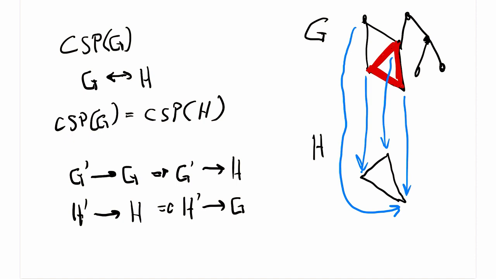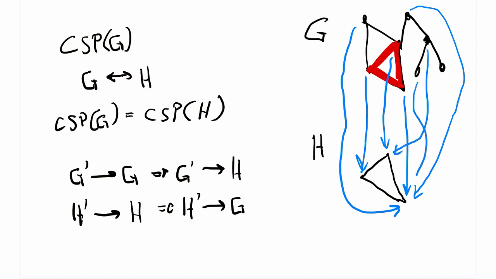We fold the other triangle in G also to the red triangle. We fold this tree, which hangs off the red triangle, to the black triangle, for instance, as follows. And that's a homomorphism.